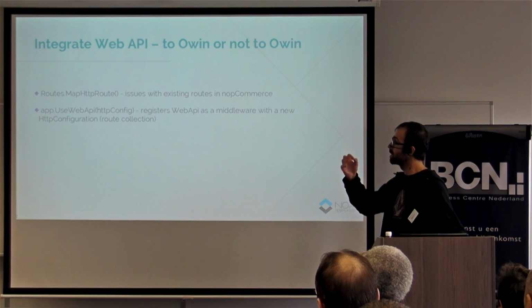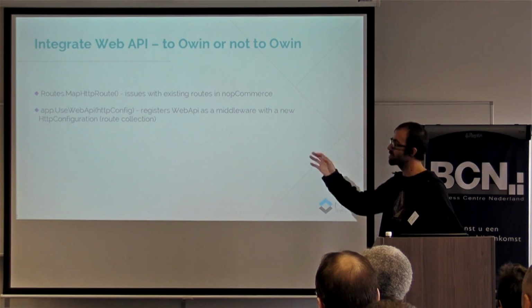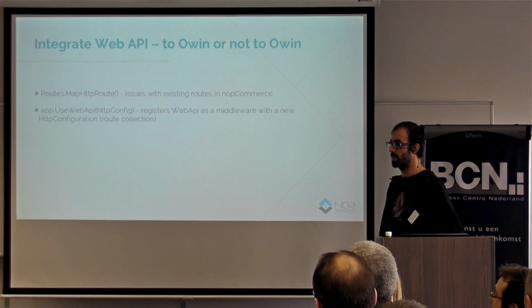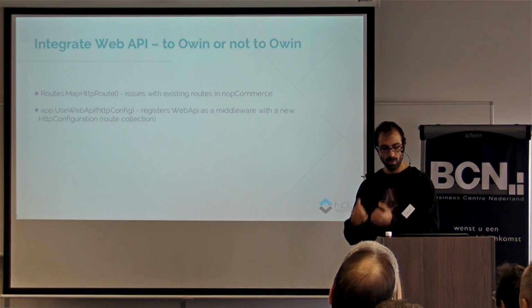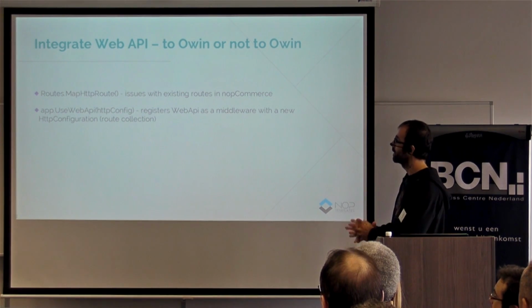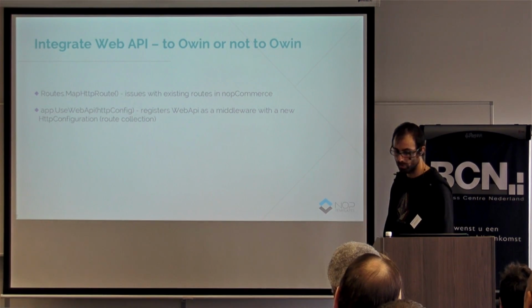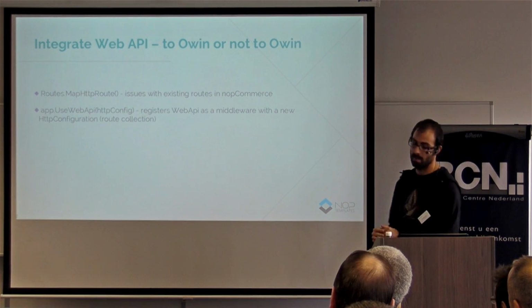So there is absolutely no problem to have the Web API routes registered in the global routing table of the HTTP application. But if we were to do this, this would have conflicted with the nopCommerce routes, and it just didn't work. So we had no other choice but to use Web API as an OWIN middleware.